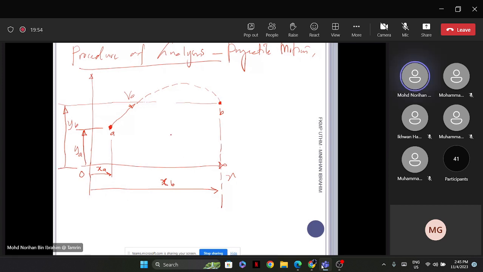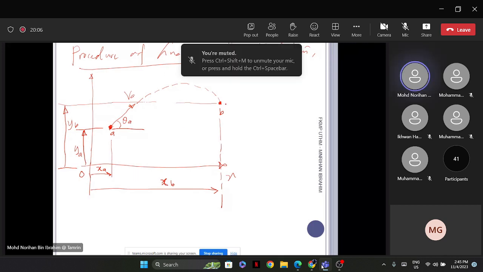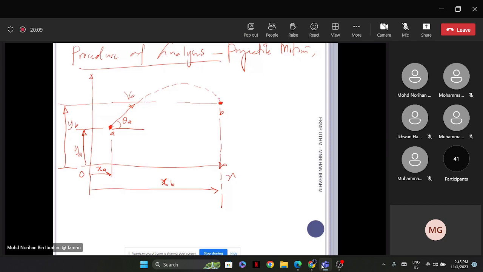So this is what we need to establish first, and it has a direction of theta A. When it reaches B, we assume that it has the final velocity of VB.